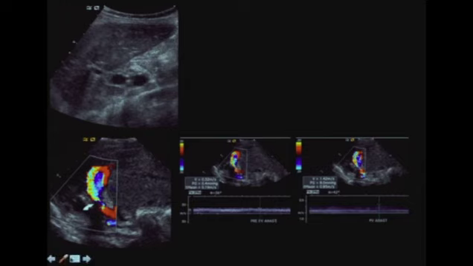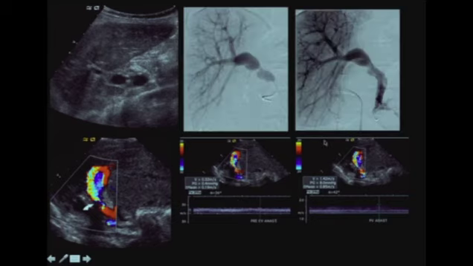And the velocity also is about 4 times higher in the post-anastomotic region compared to just prior to the anastomosis. This patient went on to have an angiographic procedure where you can see before and after where the stenotic area was significantly enlarged.